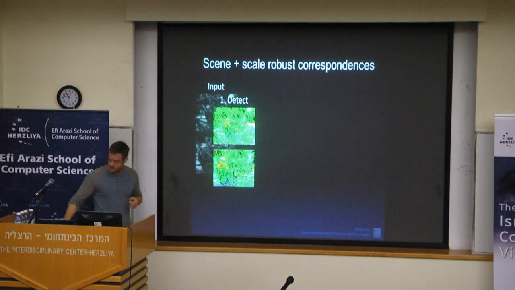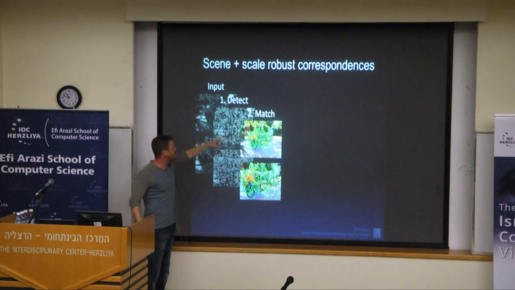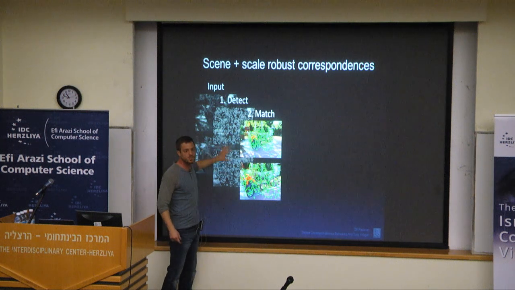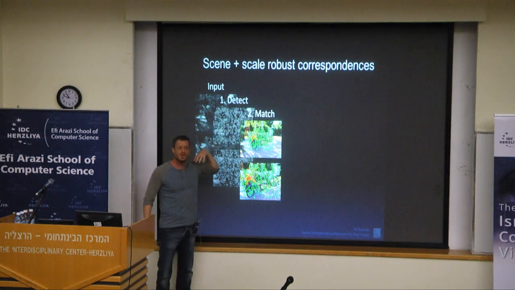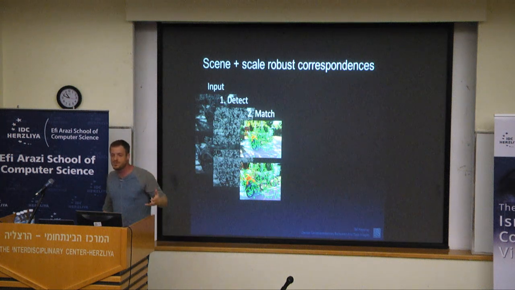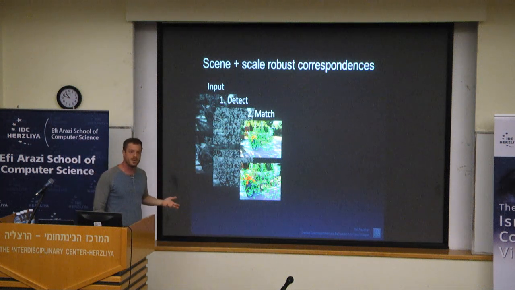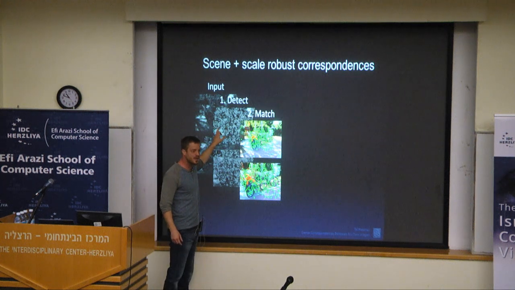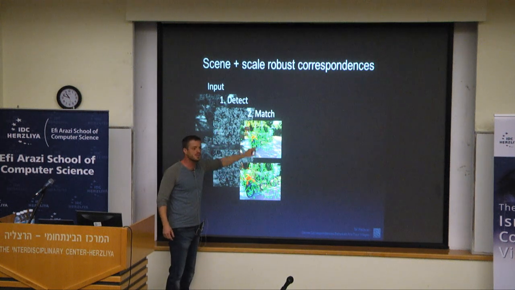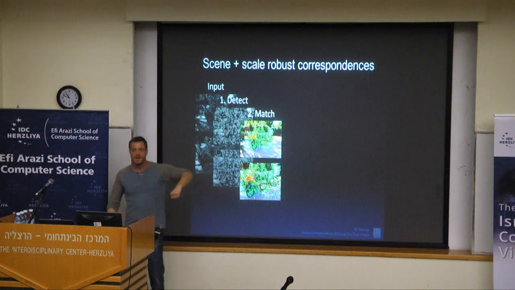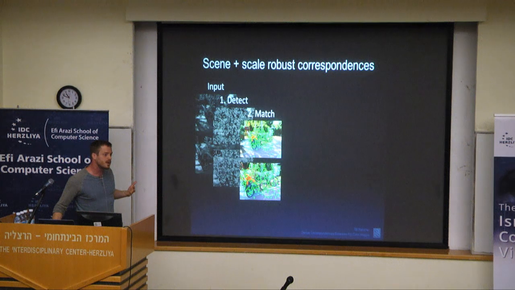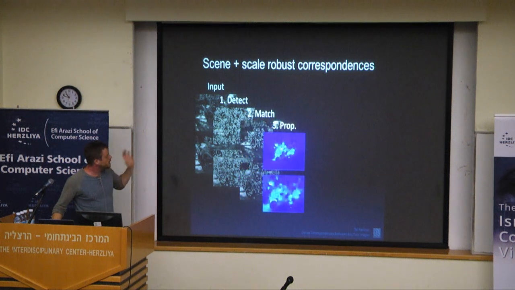And then as the next step, we try to match the descriptors that we extracted in these sparse interest points in order to end up with a subset of the features in each one of the images, which we can reasonably assume are shared by both images. So we're only using the feature detections that we can match across the two images. These feature points, we then feed their scales into our scale propagation routine and end up with this.